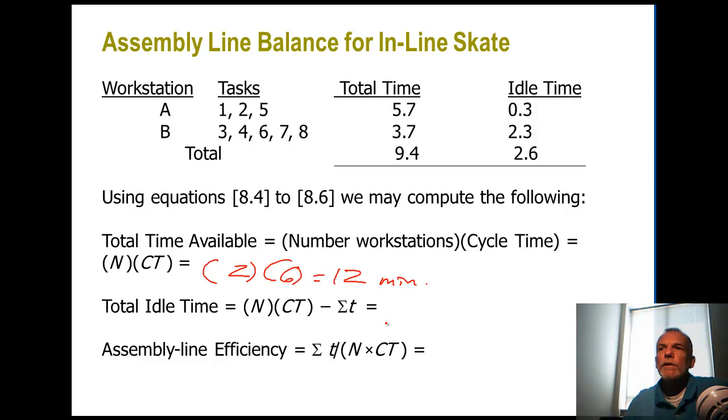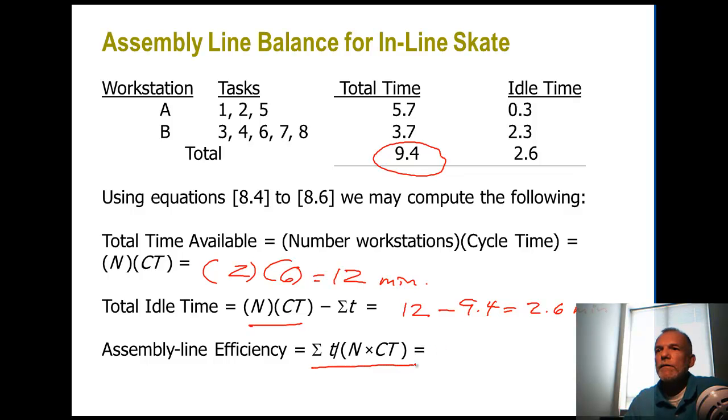It's always important to include the units of measurement in an answer. Total idle time would be N times cycle time, so 12 minus the summation of the times, which is 9.4. That would give us 2.6 minutes.